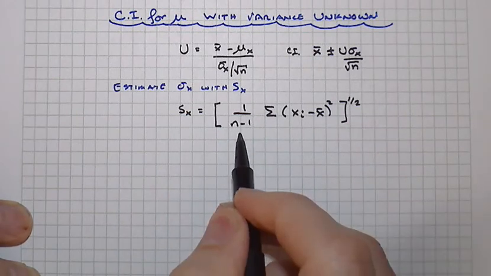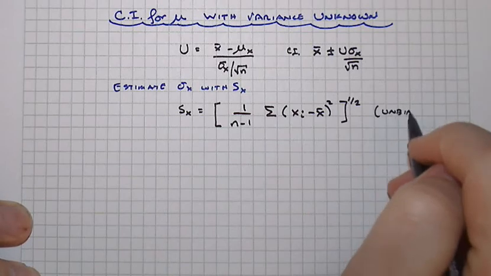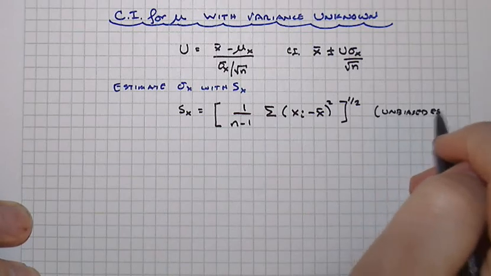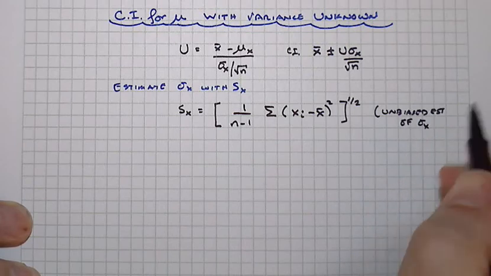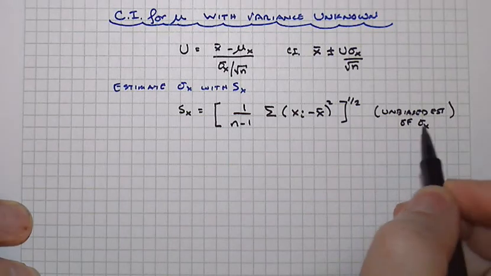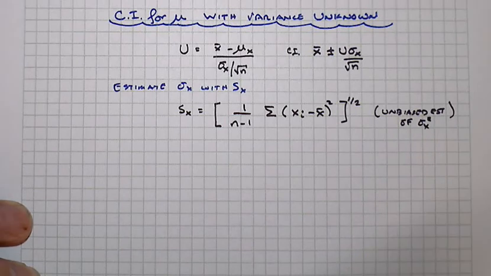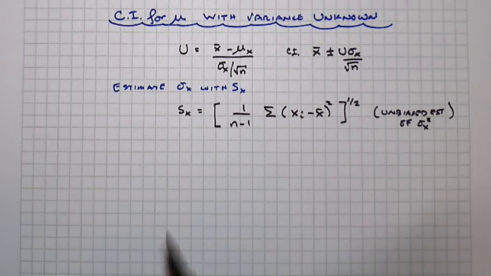That n minus 1 was key, remember, because that gave us an unbiased estimate of our sample variance, and then we take the square root of it, and there's our sample standard deviation.